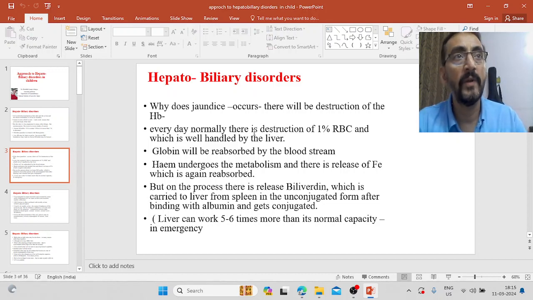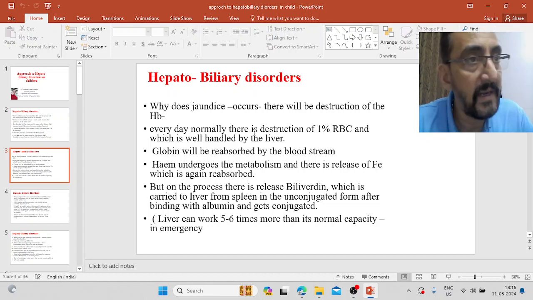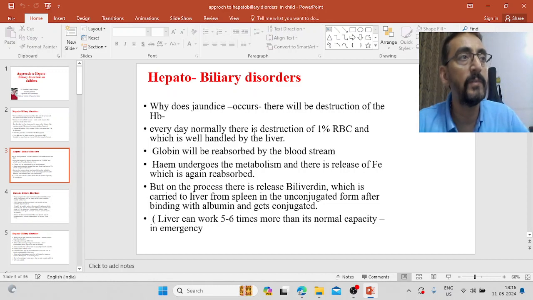Okay, so when this many RBCs are destroyed, definitely hemoglobin is liberated and heme metabolism takes place, and a lot of biliverdin will be formed. But if the destruction is only up to 1% per day, the amount of bilirubin produced by this 1% destruction of the RBCs will be well handled by the liver. There is no problem for the liver. No issues with the liver. It is able to handle this amount.